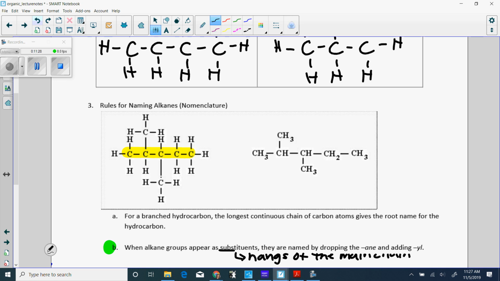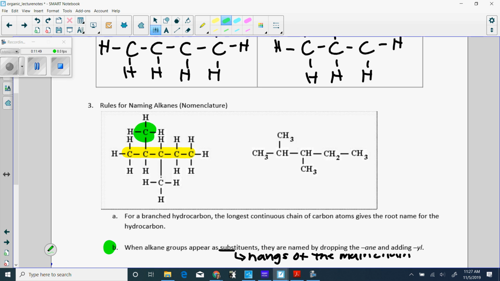Now I'm going to pick up my second highlighter, which is going to be green. Yours can be whatever, mine's green. Step 2, after I find the longest continuous chain, is to find what are called substituents. When I say go, say substituents. Ready, set, go. Substituents.